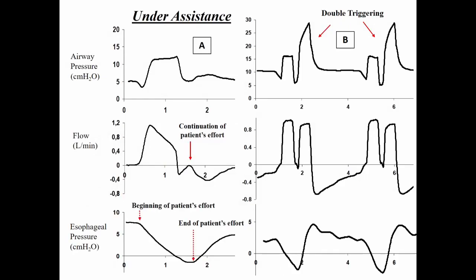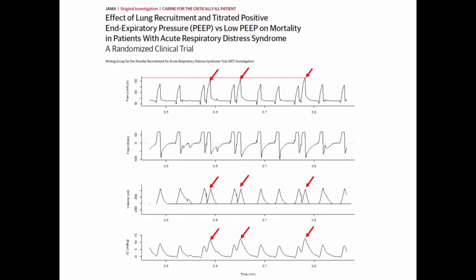And next slide, it shows a tracing from a recent study in patients with ARDS, for instance, showing an example of one patient who had a lot of this double triggering with breath stacking. And when you look at the last tracing with the red arrows, it shows you very well that the volume is going up very much.